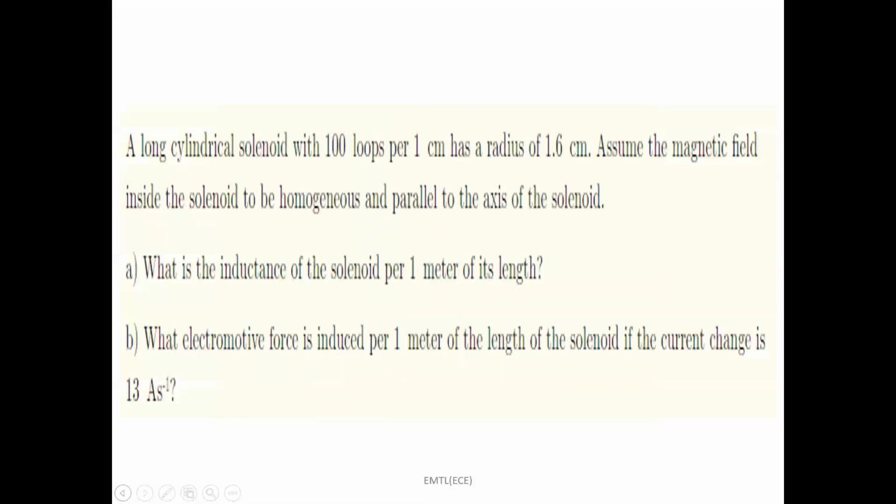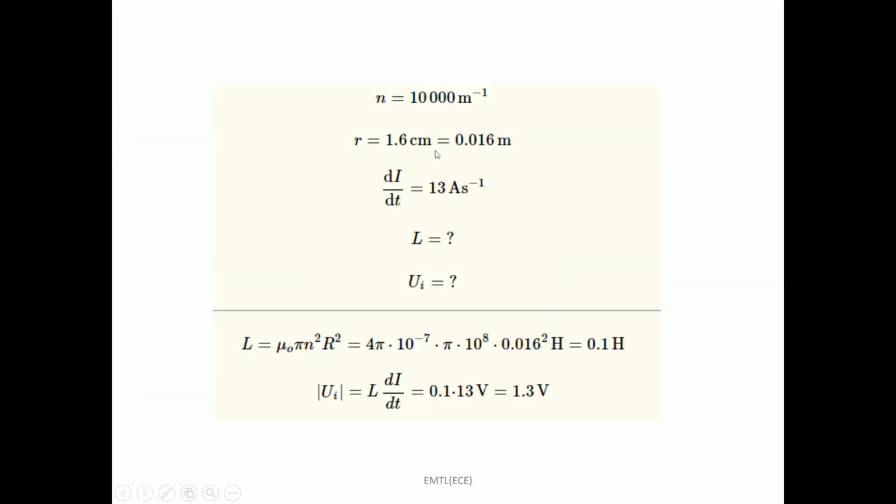The solenoid has a radius of 1.6 centimeters, which is changed into meters, equivalent to 0.016 meters. The rate of change of current given in the problem is 13 amperes per second, denoted by di by dt. Now we have to calculate the inductance of the coil and the induced EMF of the coil.